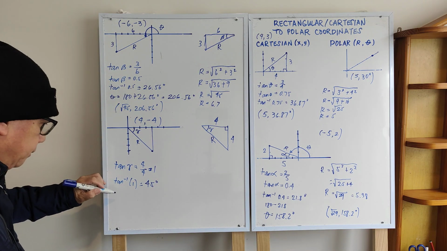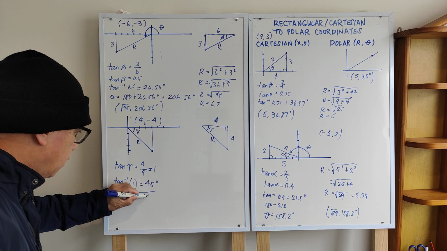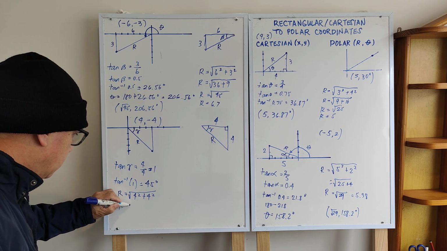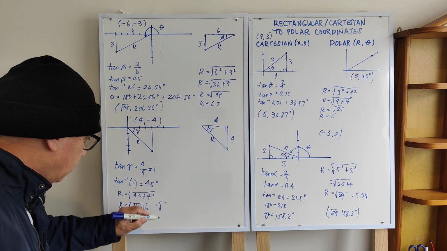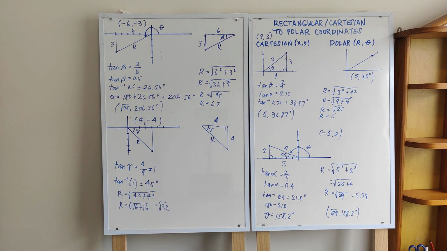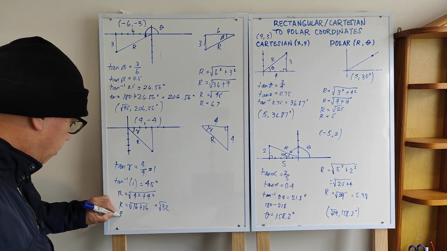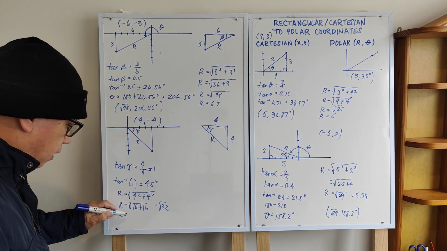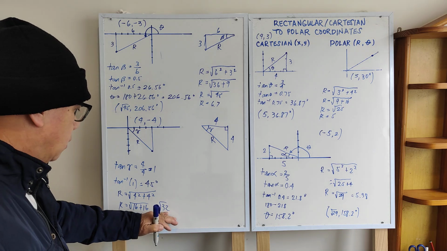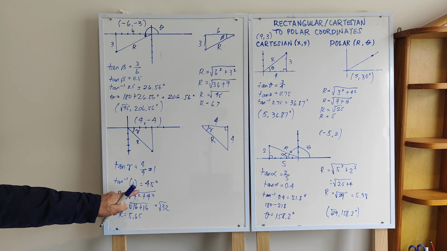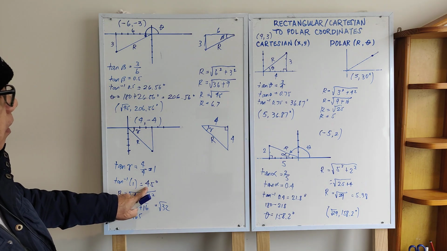R is equal to the square root of 4 squared plus 4 squared, which is 16 plus 16, or the square root of 32. We can leave it as it is, or the approximate one without the radical sign would be 5.65, although there are some more numbers, so the radical is the more correct form. So you get the length, you get the angle.